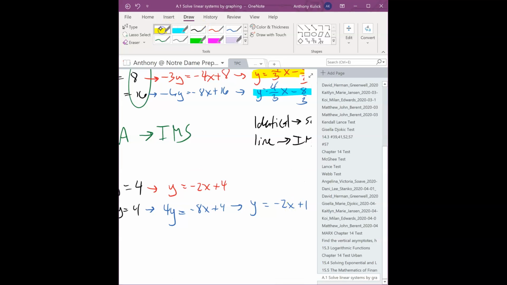And now if we look at these two equations, you notice that they are not identical. However, they do have the same slope.